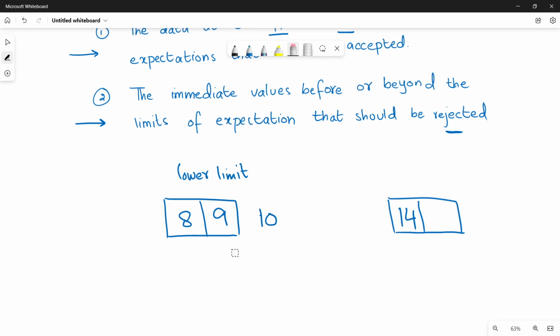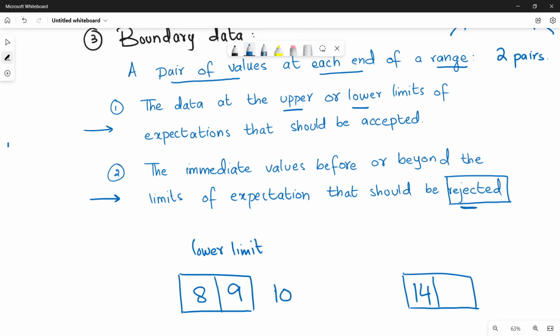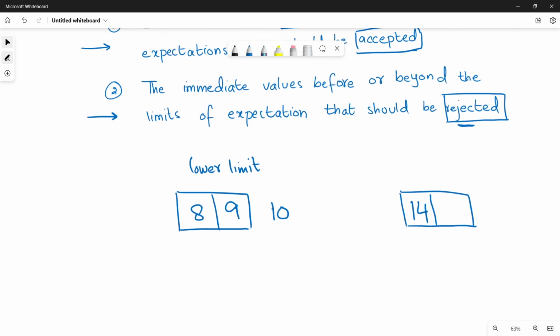Now look at this. The definition says that the second value in the pair must be rejected by the system. The first value would be accepted by the system and the second value would be rejected. The pair must be made in such a way that one value needs to be accepted and the other must be rejected.